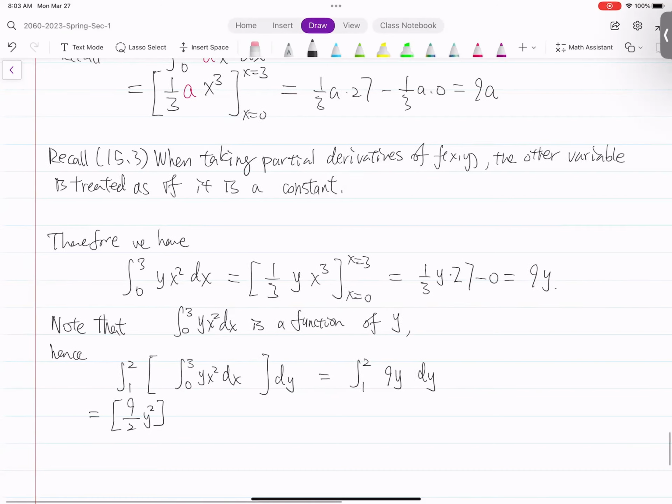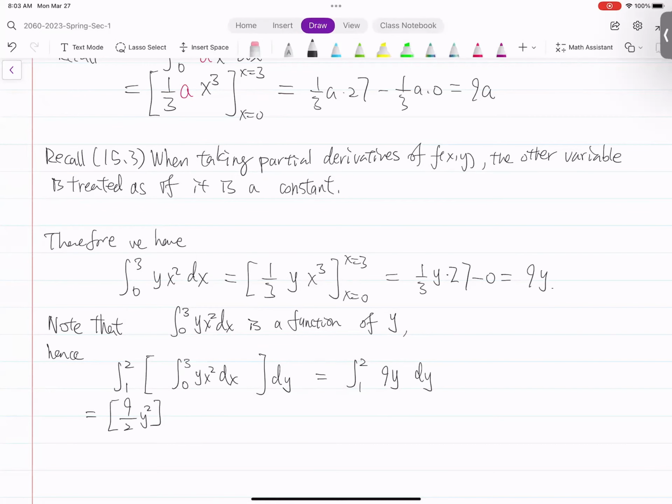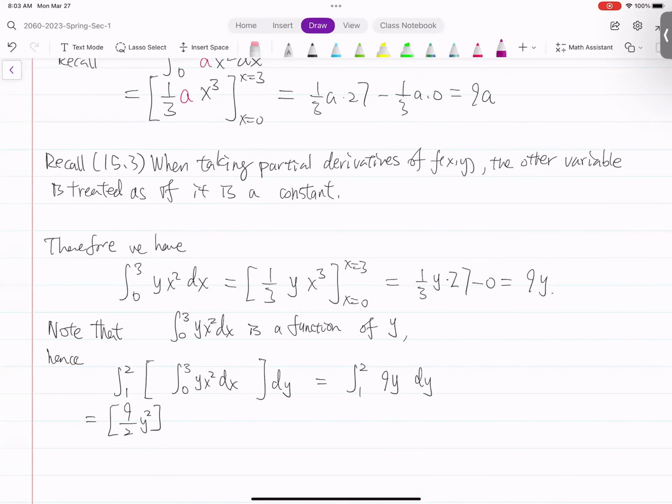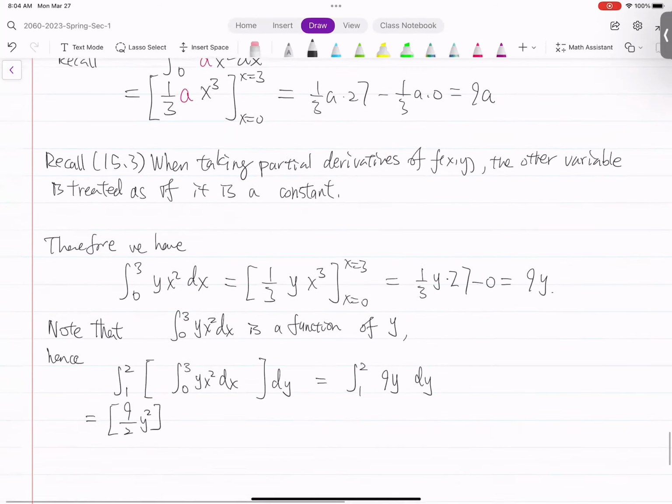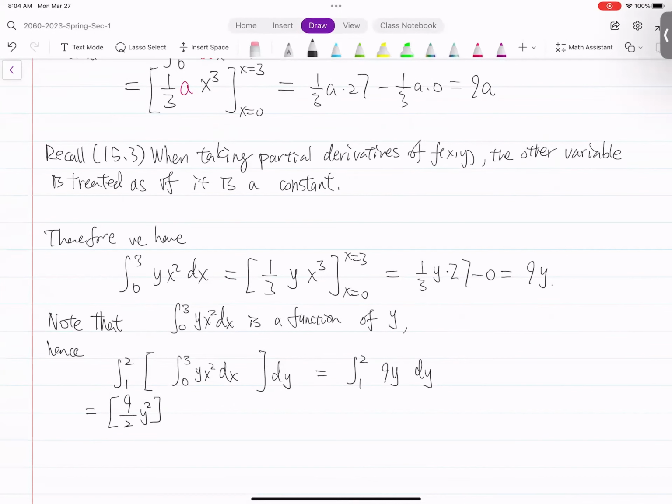And notice that here, different from what we write in univariate calculus, when we are plugging in the lower and upper bounds of the integral, we are writing exactly what the variable is. So here we have x equals 0 and x equals 3. That's very important, because we now have more than one variable, so it's really necessary to verify which variable you're integrating and which variable you're substituting.